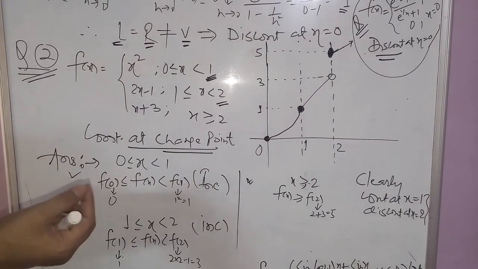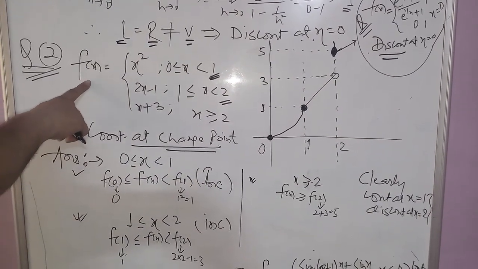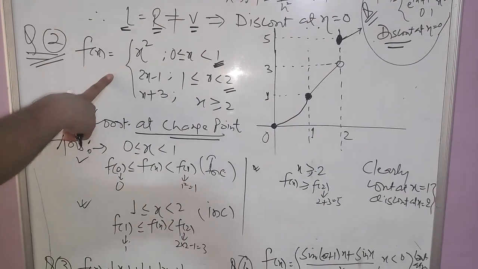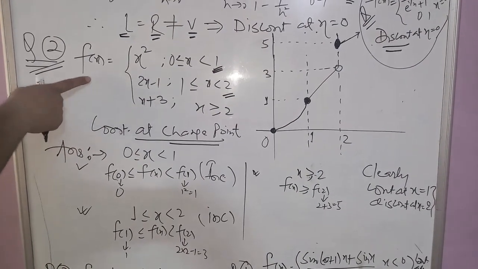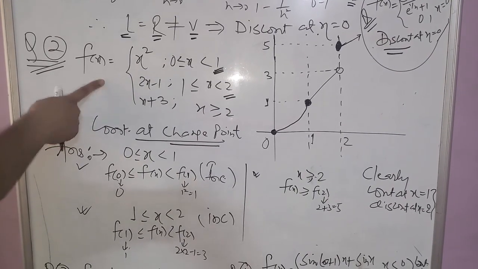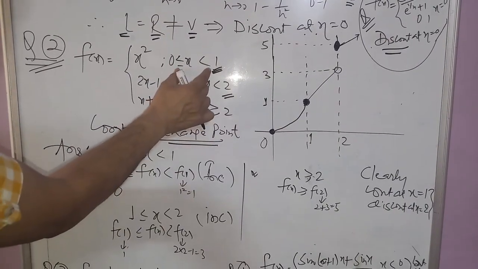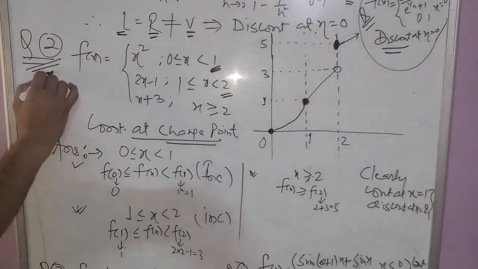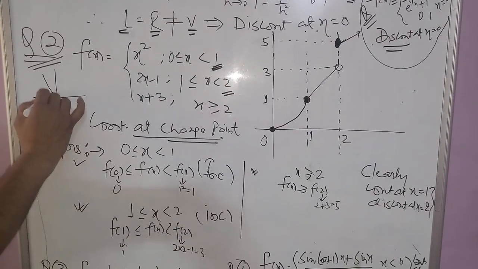Here we can do this question analytically and graphically. We do this question by graph. When x lies between 0 to 1, we know the graph of the function y equal to x square.